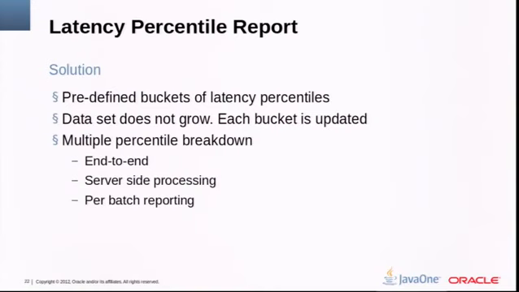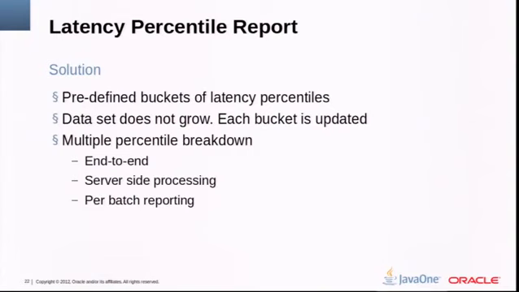So it's a fixed data set. Again, it's critical for predictability. And we put the latencies in that particular bucket in place. We just keep a counter, like this many requests took 5 milliseconds, X number of requests took 100 milliseconds.